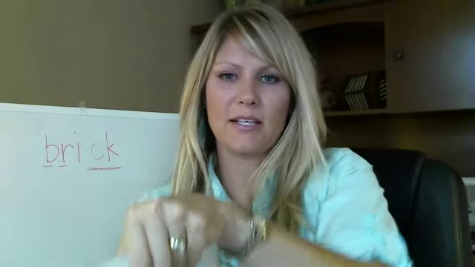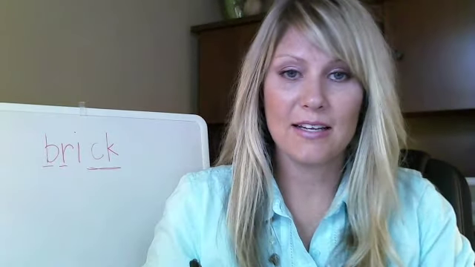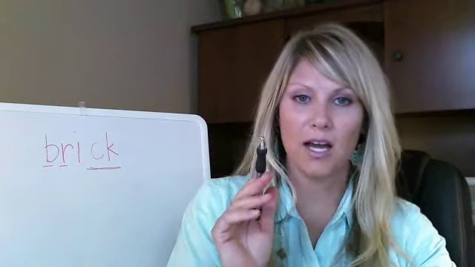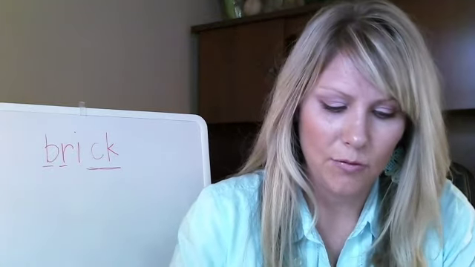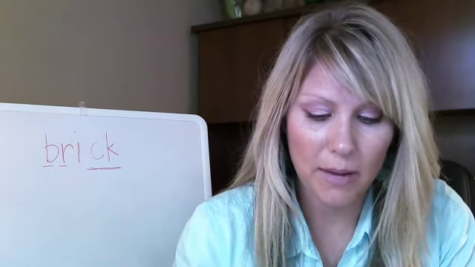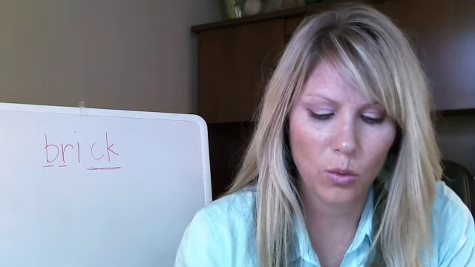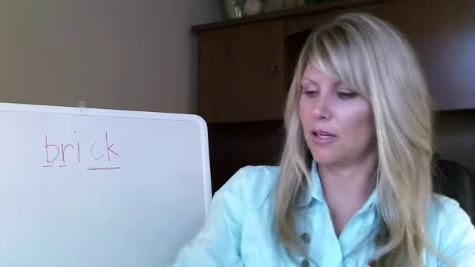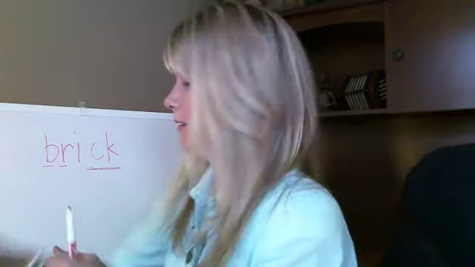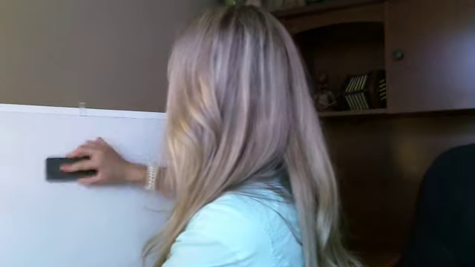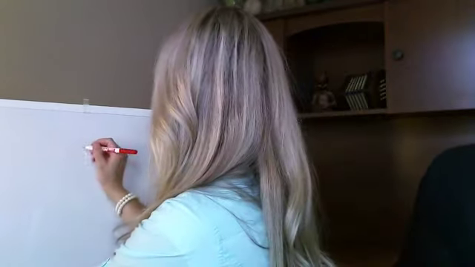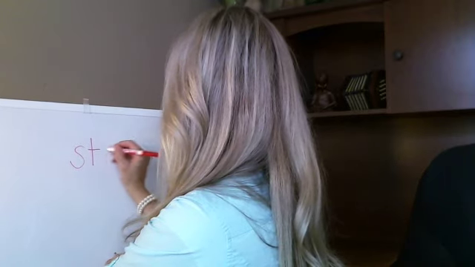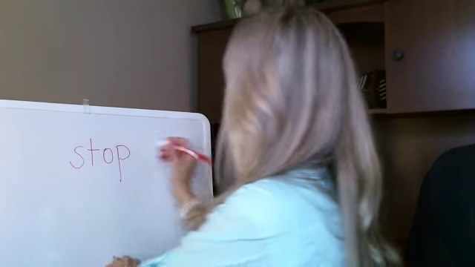Now, let me give you an example of maybe one that does not have a digraph and a blend. If you look in the second row of the word bank, the second word down, stop. Let's look at this on our board. S-T-O-P. Stop.